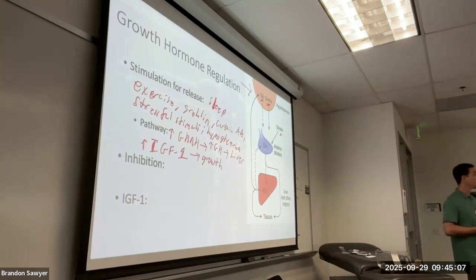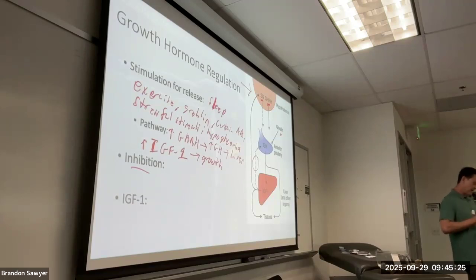So there are different groupings of effects with growth hormone: its direct effects, and its indirect effects that happen through IGF-1. The inhibition, we can see here with the dotted line. Anytime we see those dotted lines, that's the negative feedback part of this.